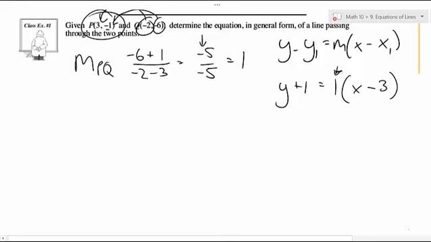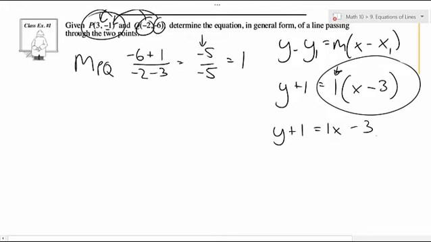All we have to do is put this in general form. So what we need to do is multiply out what's going on here and put everything on one side of the equal sign. So this will end up being y plus 1 equals 1x minus 3. What we want to do is put everything on one side, so we're going to get this y plus 1, and we're going to subtract a y, and we're going to subtract a 1 from both sides.